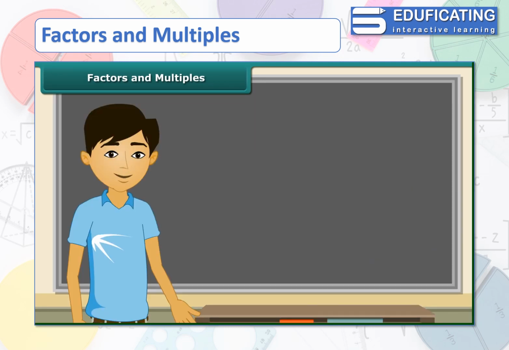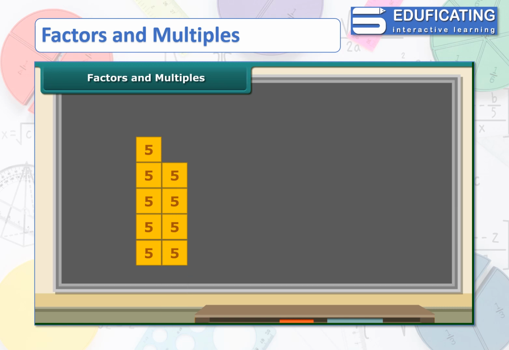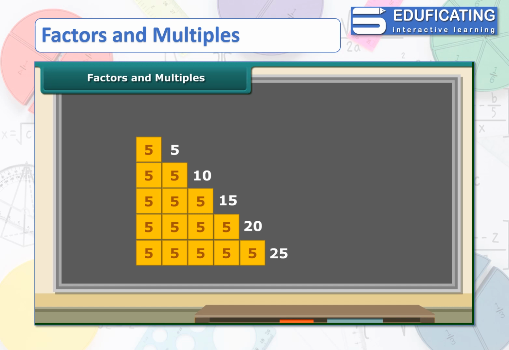Let us revise factors and multiples with the help of an interesting activity. 1. Collect some wooden strips, each 5 units long. 2. Join them end to end as shown in the figure. It is clear from the figure that the numbers 5, 10, 15, 20, and 25 are multiples of 5.